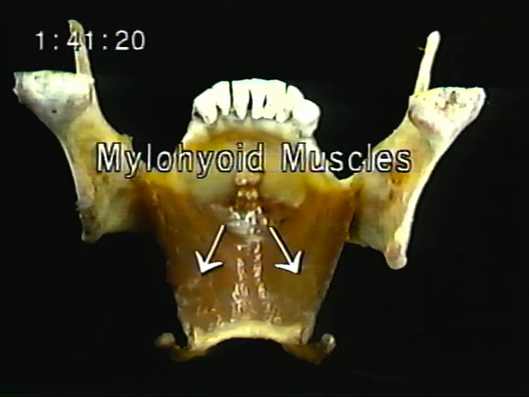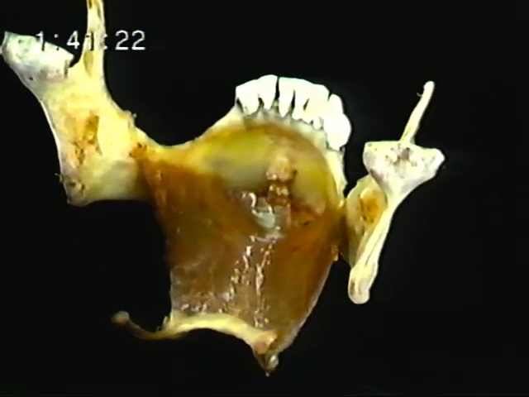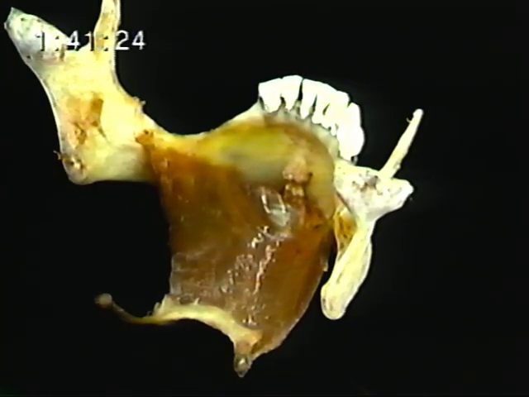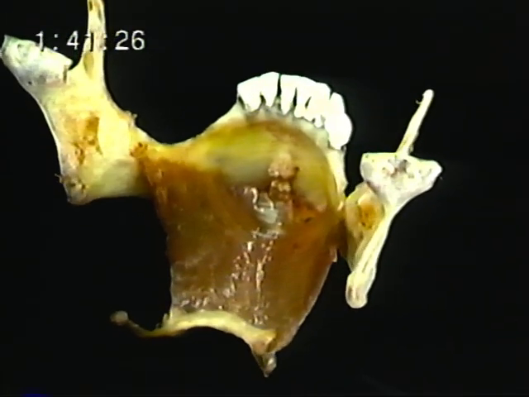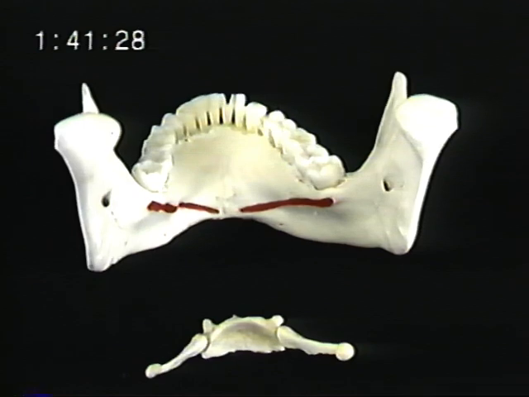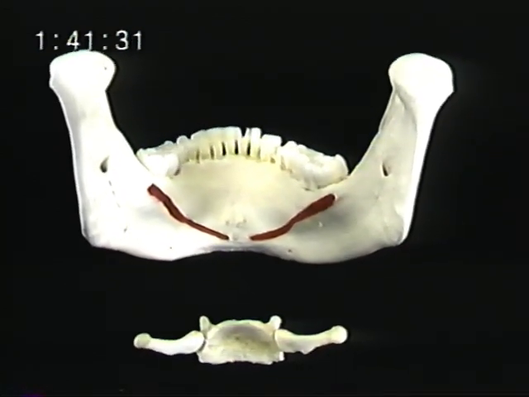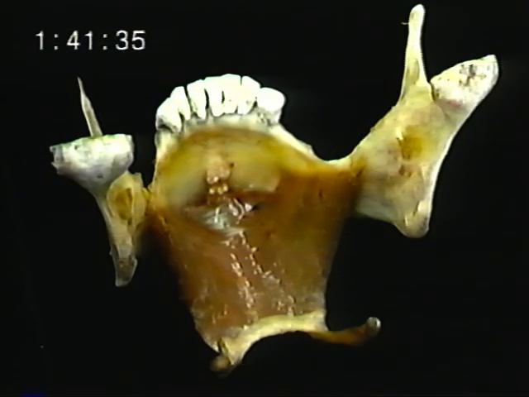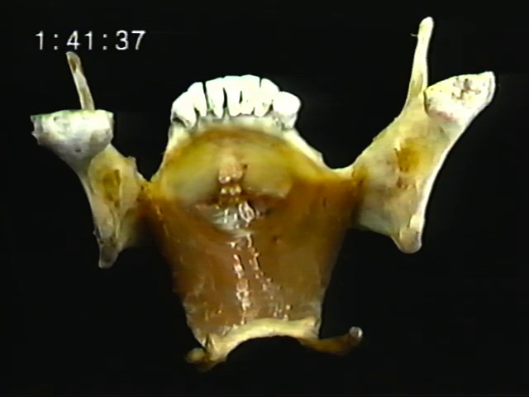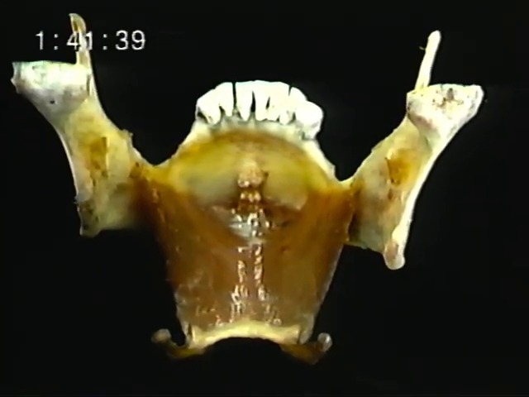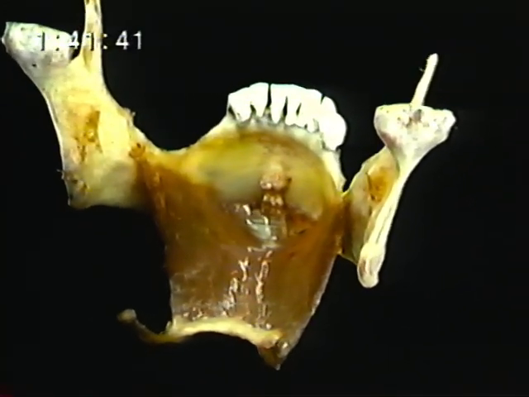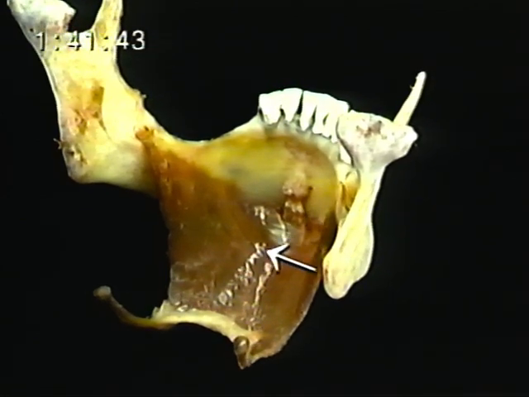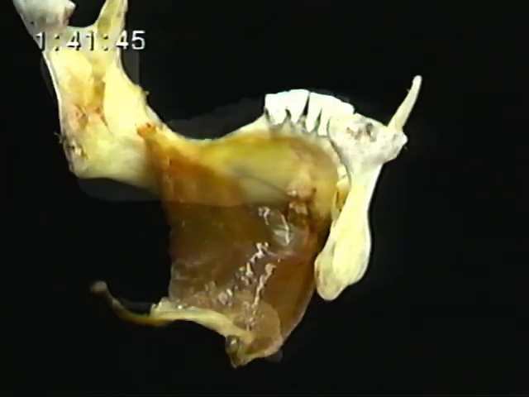Here are the 2 mylohyoid muscles. Between them, they form a continuous sling of muscle that forms the mobile floor of the oral cavity. The mylohyoid muscle arises from the mylohyoid line on the mandible. Most of its fibers pass downwards and medially, joining in the midline with the fibers from the opposite side, all the way from the symphysis of the mandible to the body of the hyoid bone.